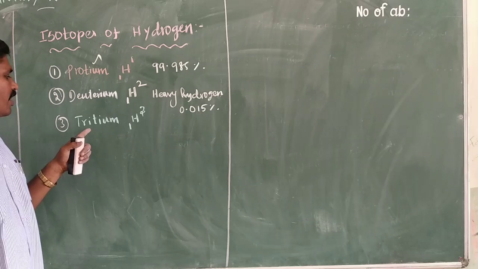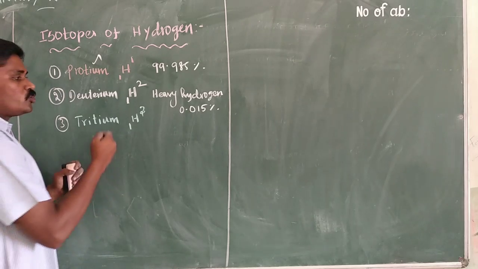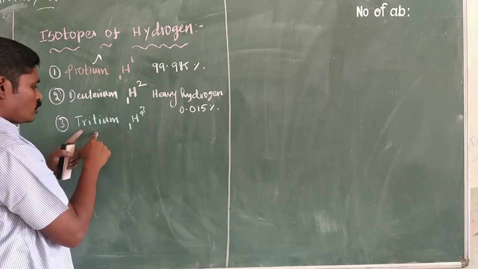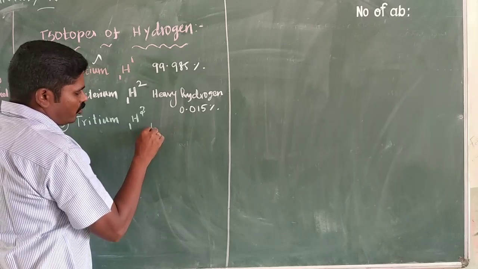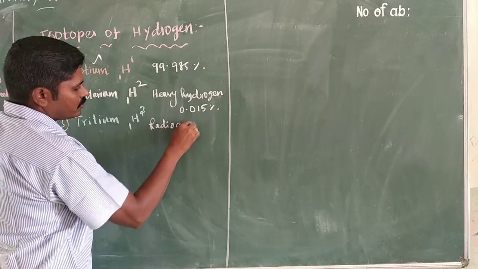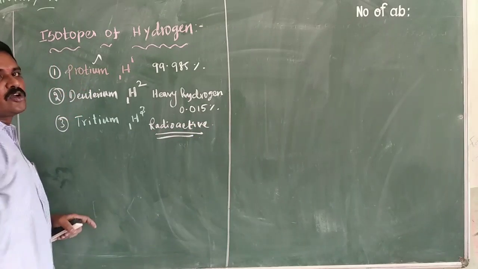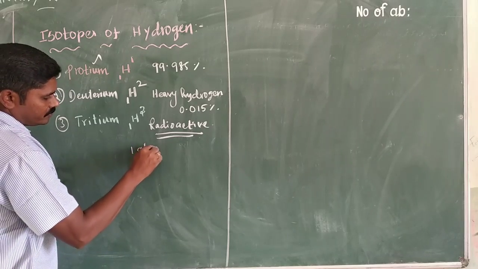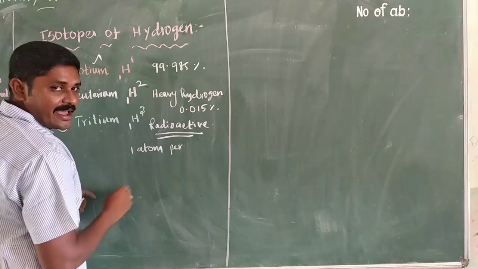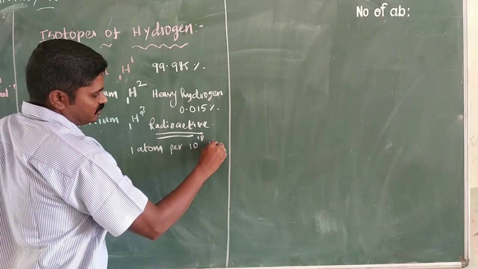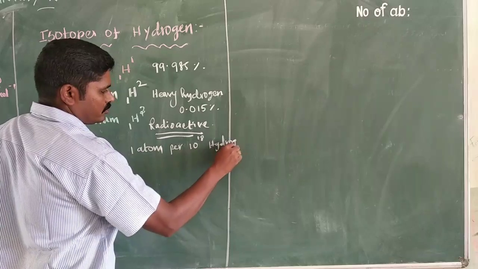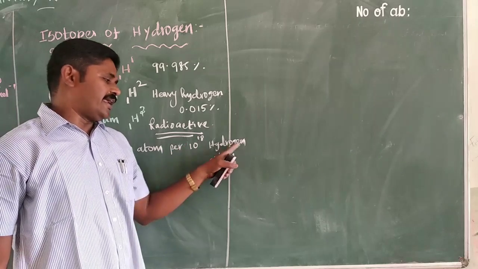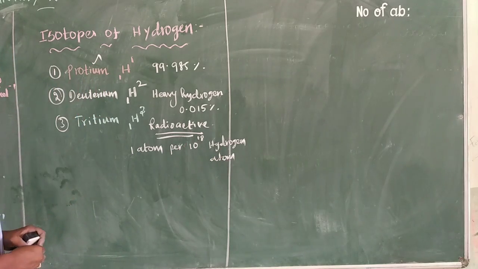The third isotope, tritium, is a radioactive isotope and occurs in traces, about one atom per 10 power 18 hydrogen atoms.